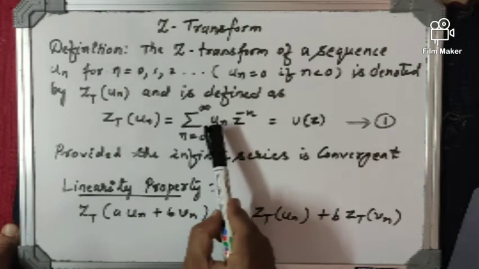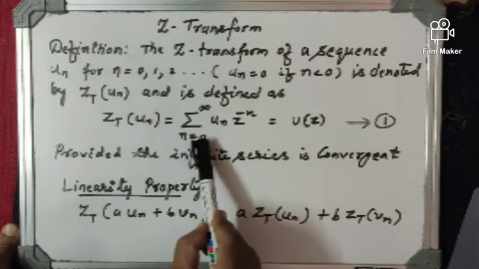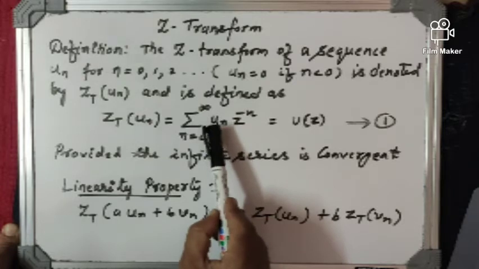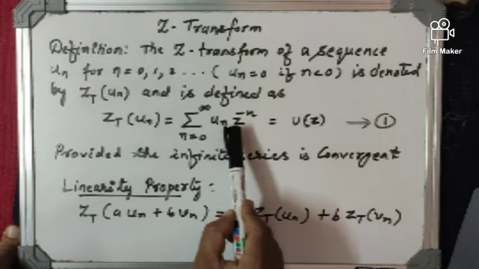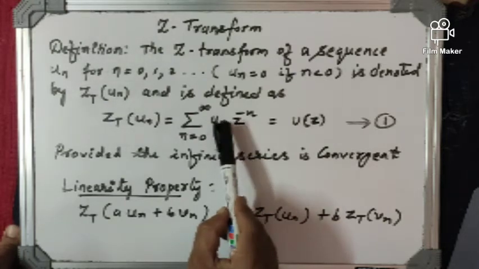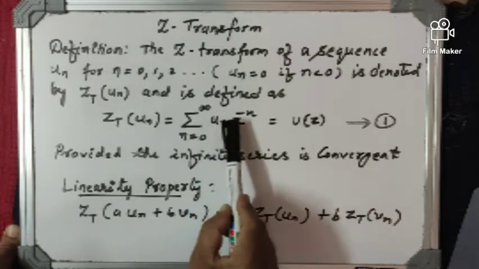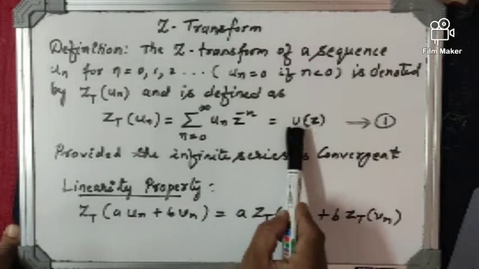So if you substitute the values n equal to 0, 1, 2, 3, etc., then you will find that we have real numbers u0 with the variable z, u1 with the variable z, etc. That means the right hand side, this summation, is a function of z.